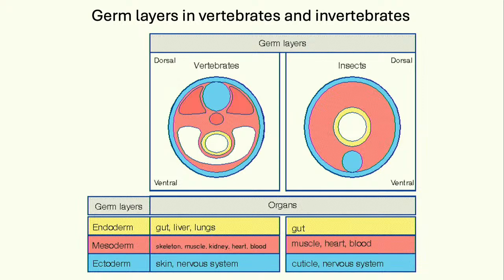In vertebrates, the nervous system is here on the top, on the dorsal side, and in insects, the nervous system is on the ventral side. And the endoderm, which is present internally, is responsible for giving rise to the gut, liver, lungs. The mesoderm, which is next to the ectoderm, is responsible for giving rise to broadly the muscle and heart and so on, right. So such tissues.